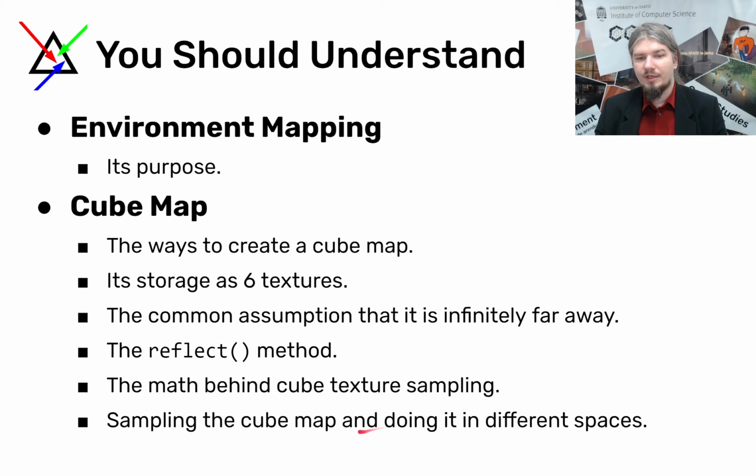And we saw a potential issue that if your reflection vector is in camera space, then all of your reflections rotate together with the camera. The reflection vector really doesn't change if you're rotating the camera. But it makes more sense to have the cube map in relation to the world. So you move your reflection vector into world space, sample the cube map from there, and then you will get the reflections that you would assume.